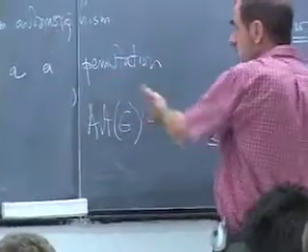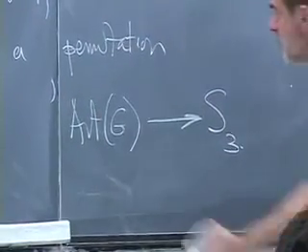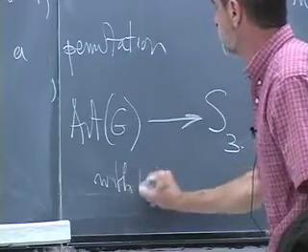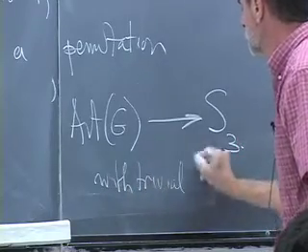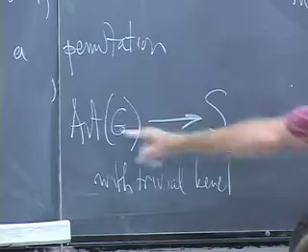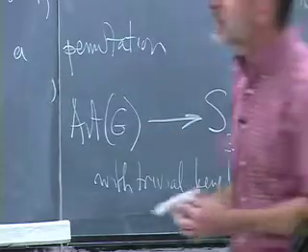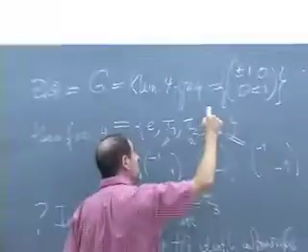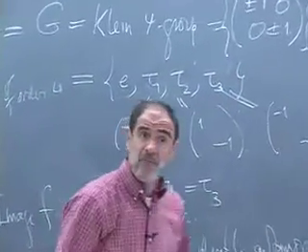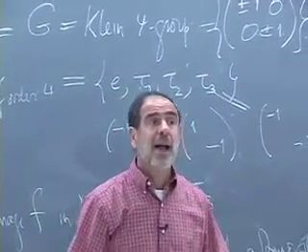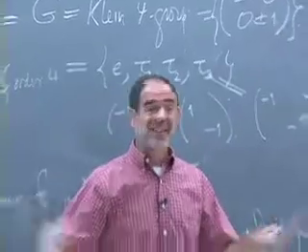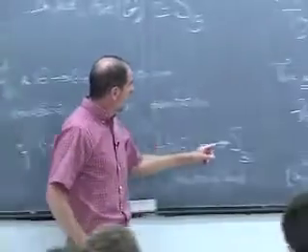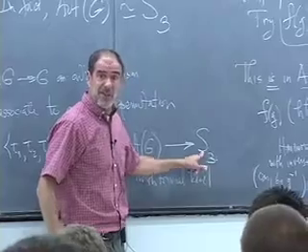And that association gives a homomorphism with trivial kernel. Because if I go to the trivial permutation, then that means that the automorphism takes tau 1 to tau 1, tau 2 to tau 2, and tau 3 to tau 3. Okay? And my assertion is that this has full image. The image is the symmetric group on 3 letters.